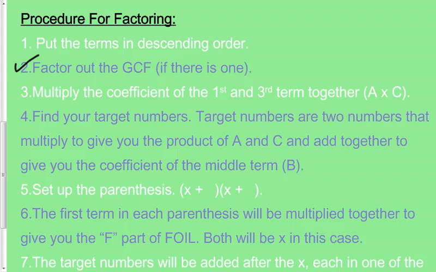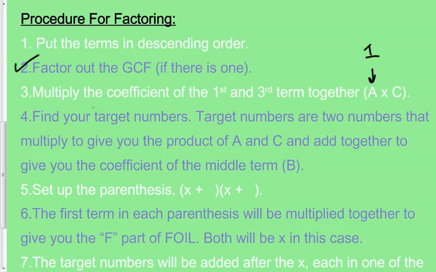We'll need it for the next one. Step three would be multiply the coefficients of the first and third terms together. So whatever a times c, in this case, a is always going to be 1 if we're doing it in this form, and then whatever the c value is. What I mean by a is that's what it would be in the very front. Since there is no a value, it's going to be 1.